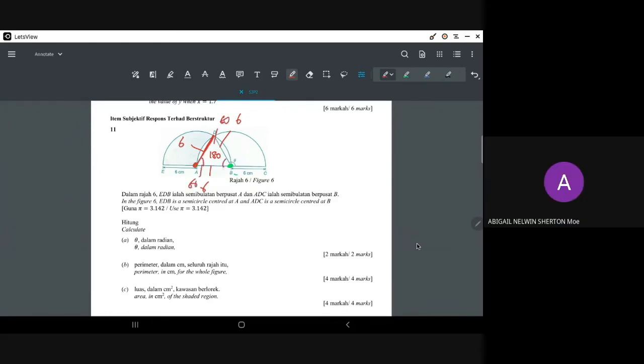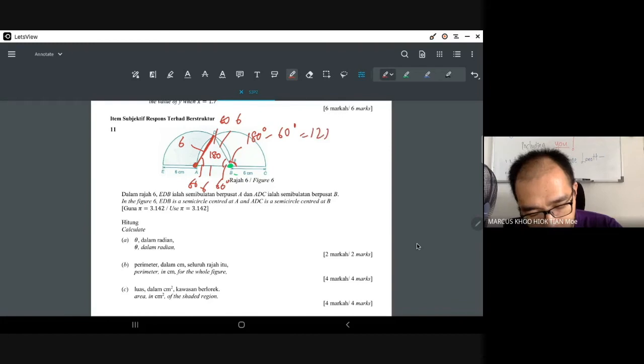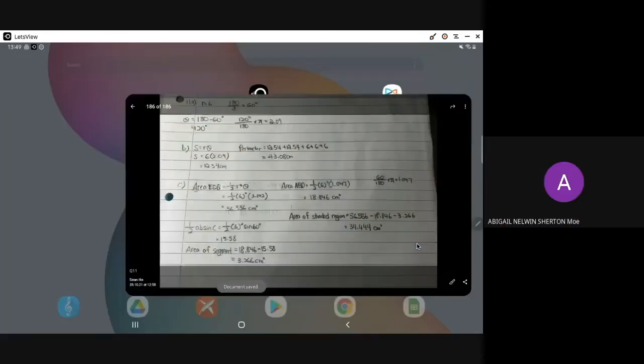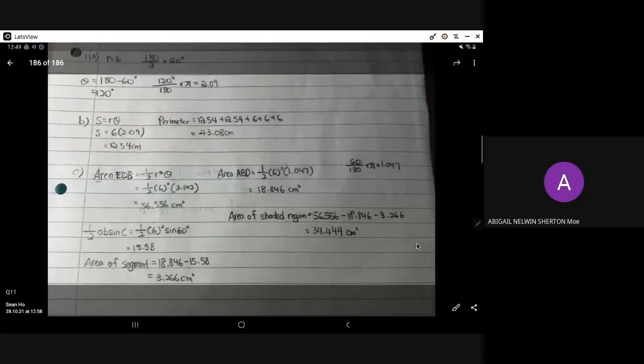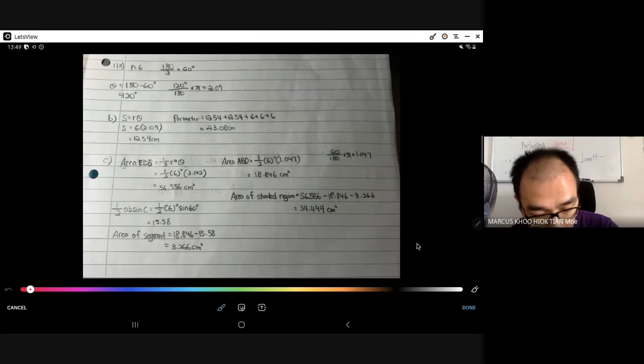So angle DBA is 60 degrees. So mau cari angle theta, we minus 180 degrees dengan 60 degrees. Just jadi 120. Okay, very good. And then all we need to do is to tukar lah jadi radians. Okay, continue.